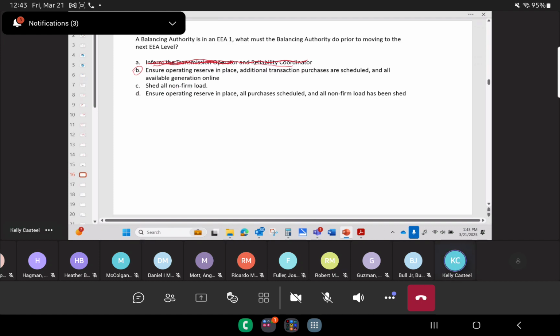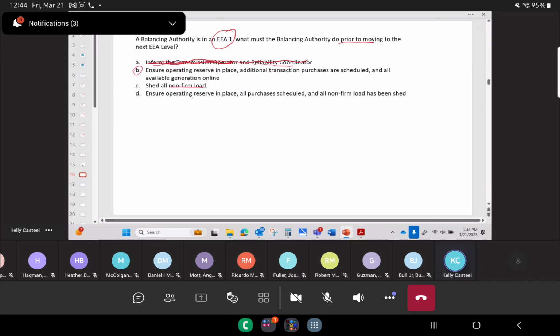These last two answer options, and this is prior to moving to the next EEA level. Shed non-firm load. No, if you're shedding non-firm load, or ensure that you're going to shed all non-firm load prior to moving to EEA2, no. That's not what you would do as part of an EEA1 process, is shedding non-firm load.